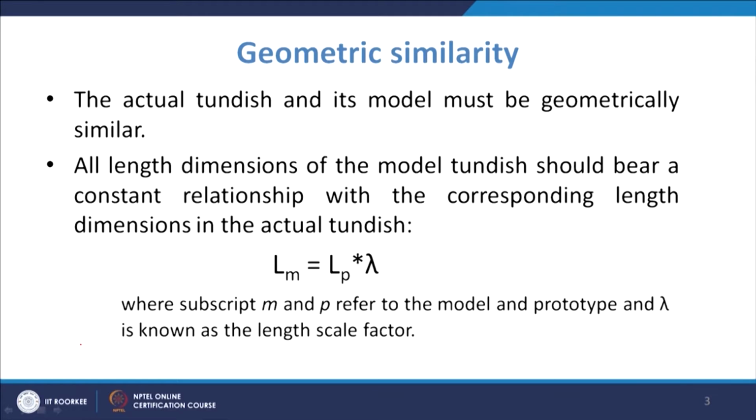If you are taking a reduced scale model, it will be less than 1. If you are going for a scale up model, it will be more than 1. In most cases of tundish flow in steel making, we normally make the reduced scale model, so the value of lambda will be less than 1.